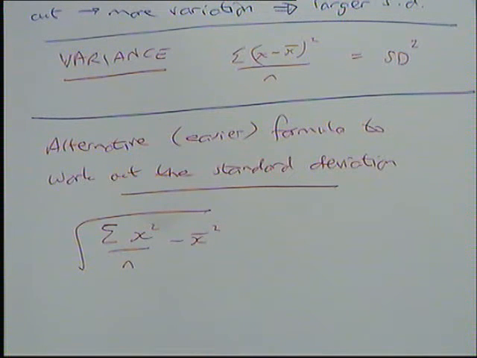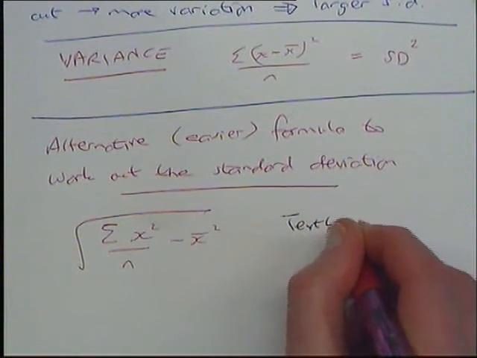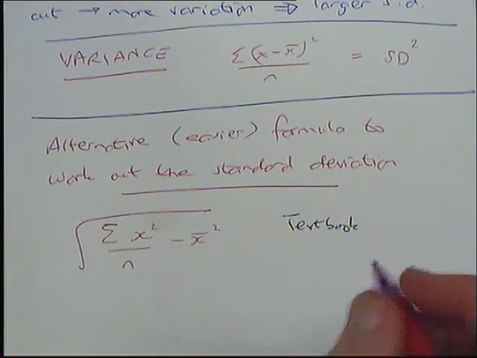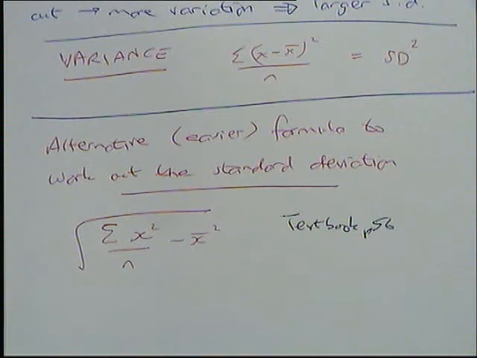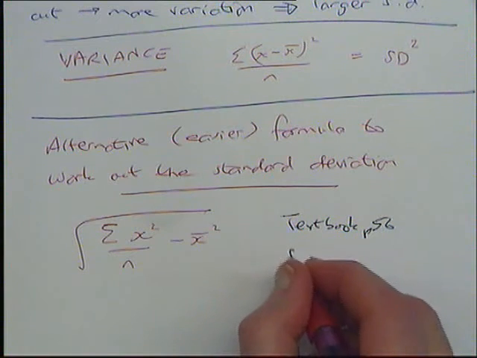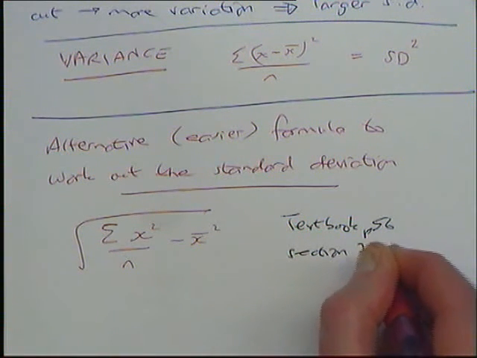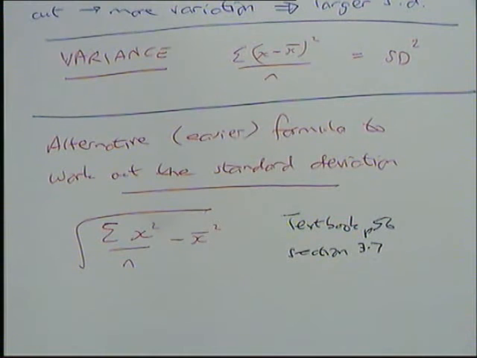Now you haven't got to know where that comes from. You haven't got to prove how that formula and the other one are the same as each other. But if you are interested, if you look in your textbooks, certainly in mine it starts on page 56, section 3.7, and in there it takes you through some algebra, which basically shows that the one we had before can also be rewritten like this, and they are the same thing.